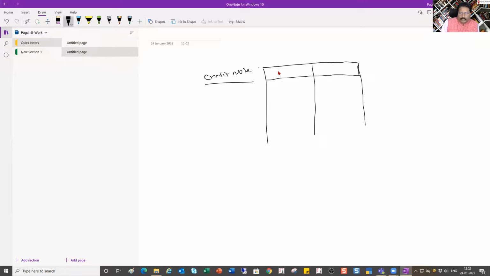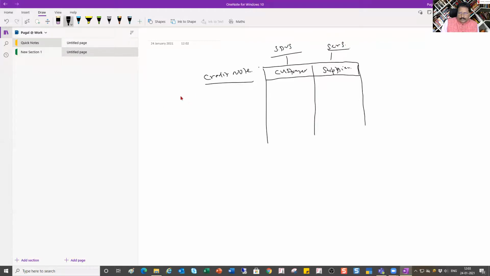So we will take one, your customer ledger, and also your supplier ledger, where the group is sundry debtors, and this is going to be your sundry creditors.